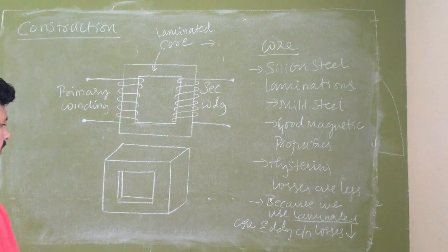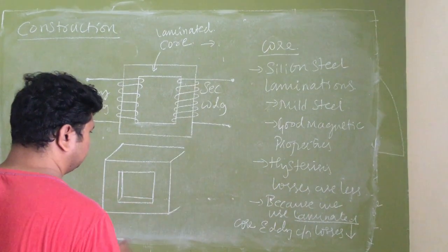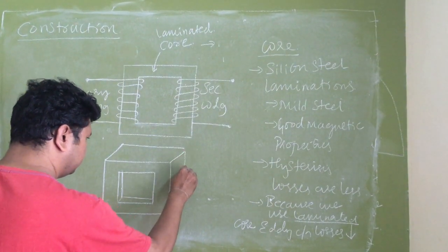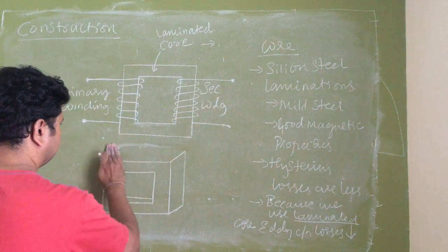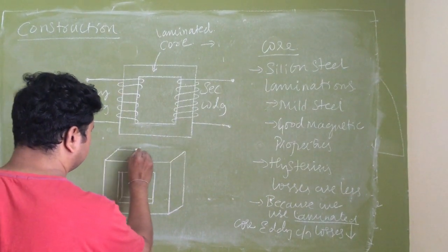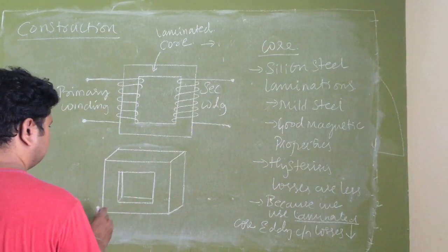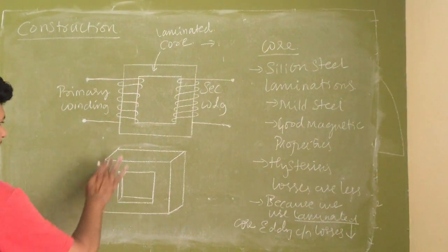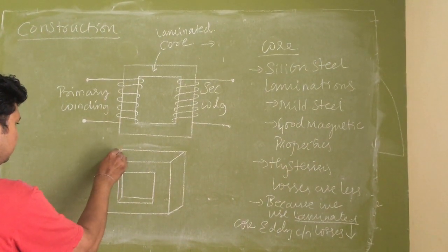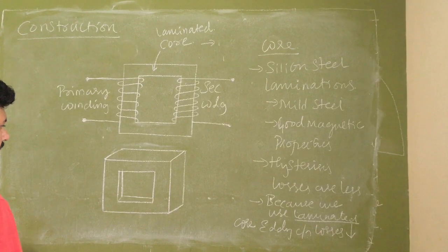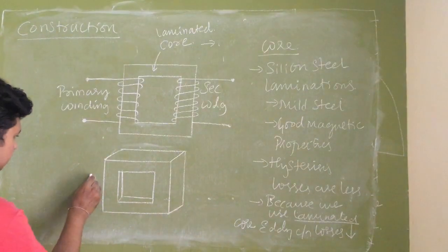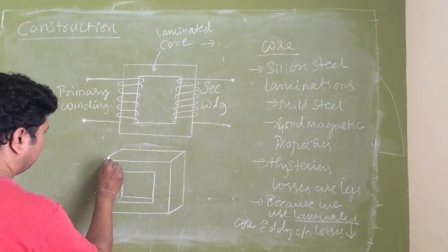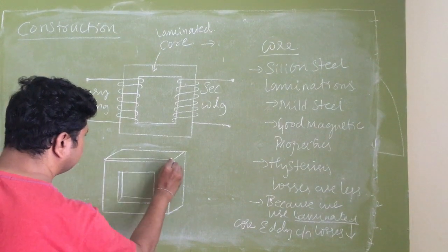This is the transformer core, and I will be placing winding on this. These are made up of laminations.